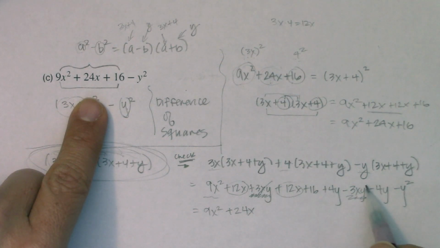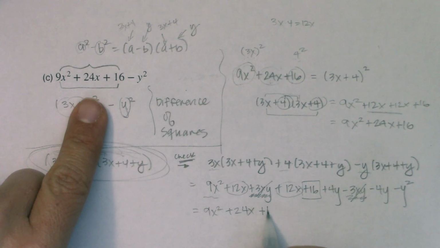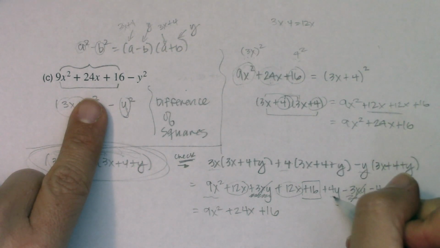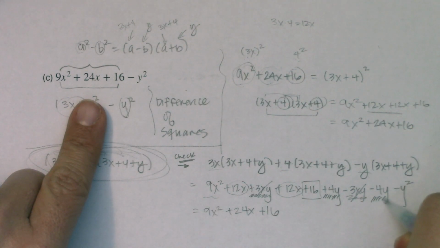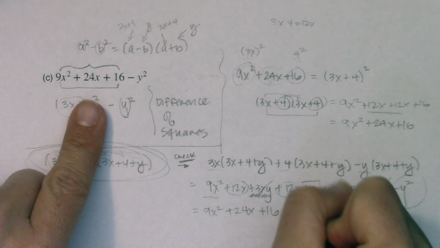These cancel. Let's look at the constants. I've got 16, no other constants, so let me write plus 16. Next, I see this 4y. I've got positive 4y and negative 4y. Those are going to cancel. And then last, I have minus y squared.